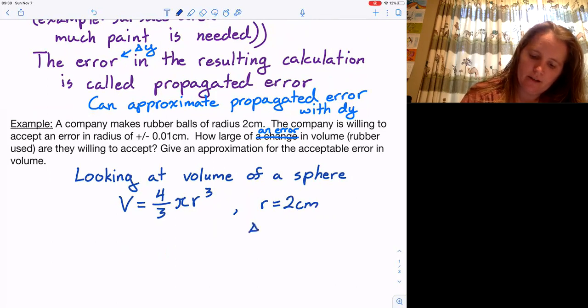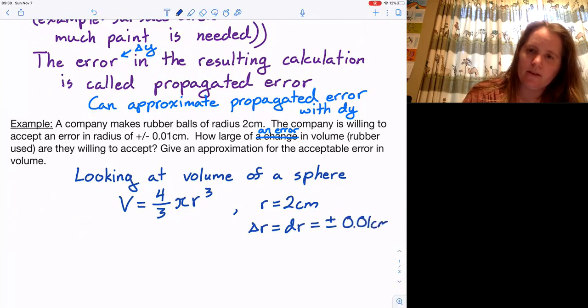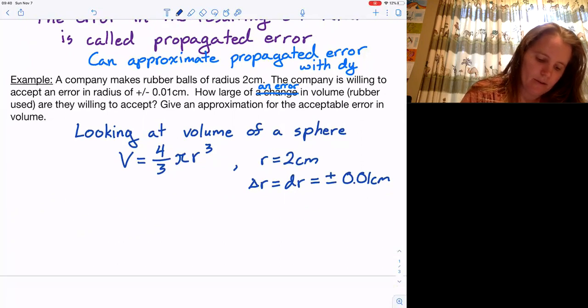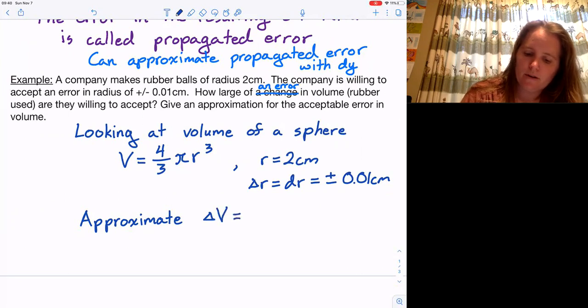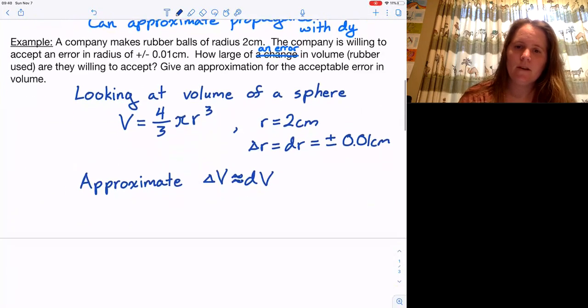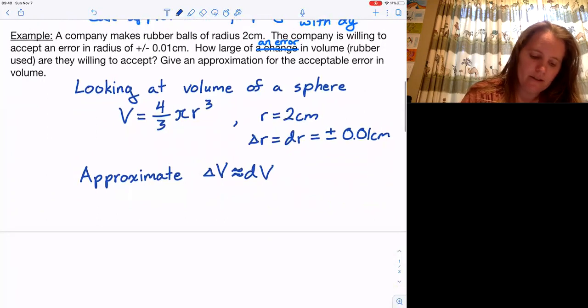And our change in r, or our dr, is plus or minus 0.01 centimeters. And so we're trying to approximate the change in volume, which we can do by finding dV.